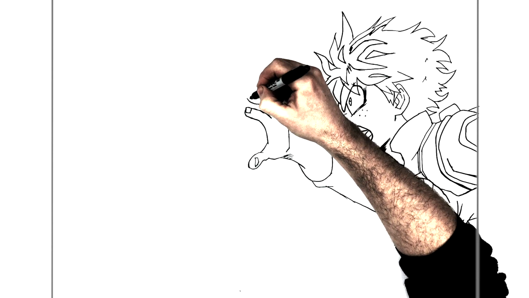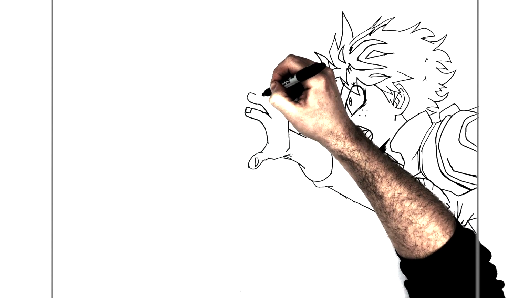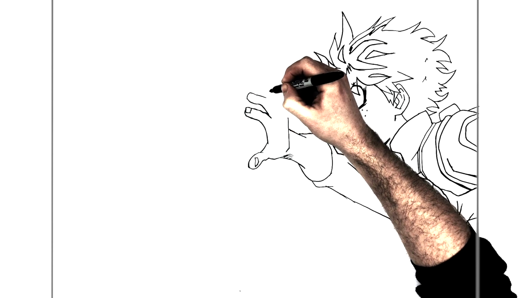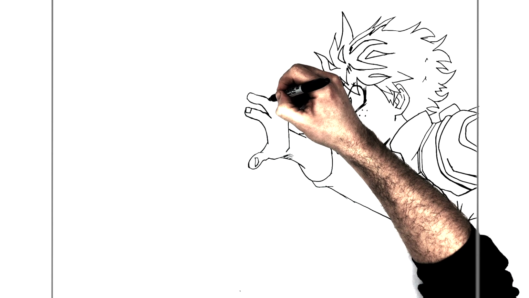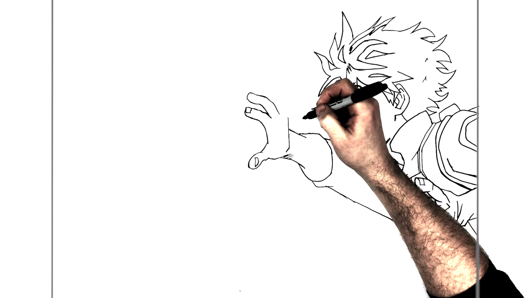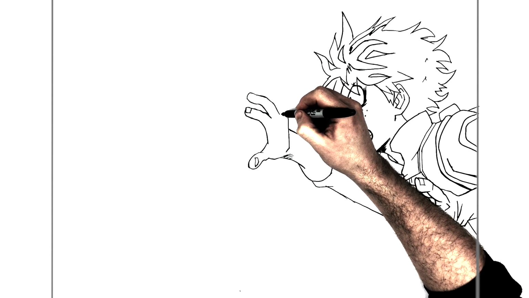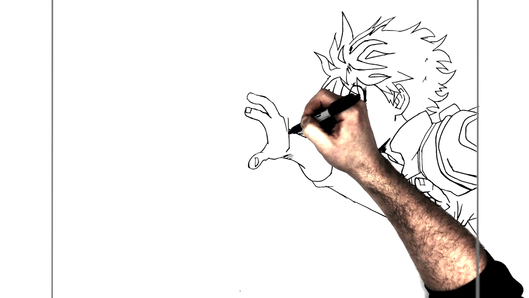Up and around here. Comes around the top of that finger, comes down like so, back down there. And then we have a knuckle that sort of sticks out here.